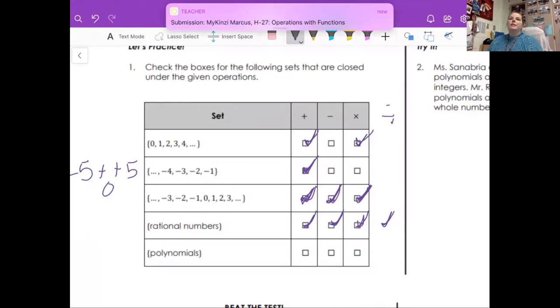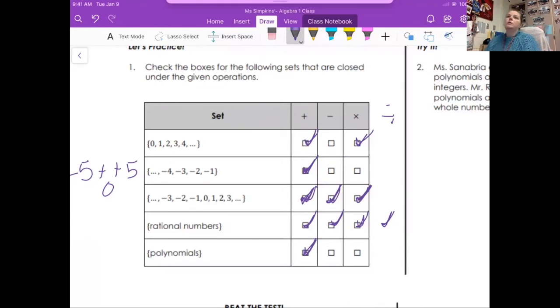When we add or subtract those things, we still get polynomials. And when we multiply them, just like we did today with the area model, we still get a polynomial. So it's closed under addition, subtraction, and multiplication.